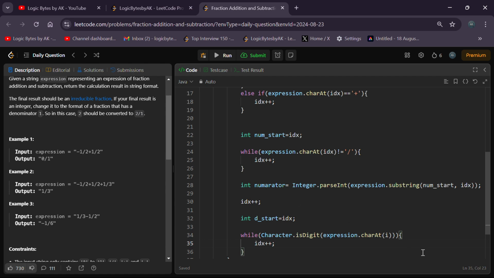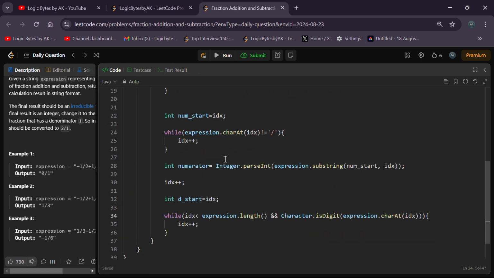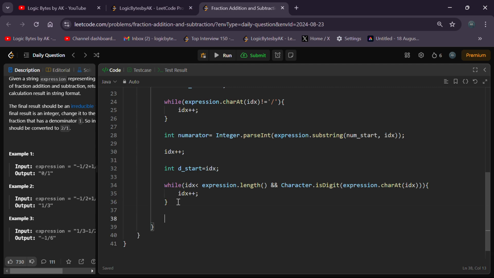So while it is a contiguous digit, we increment idx, and idx should be within the limit, so idx is less than expression dot length, and Character dot isDigit of that character. We increment idx.